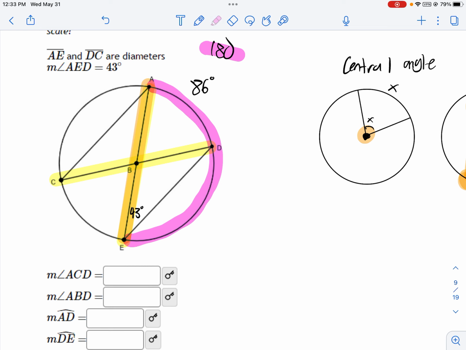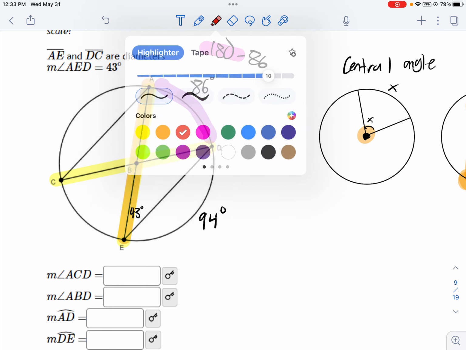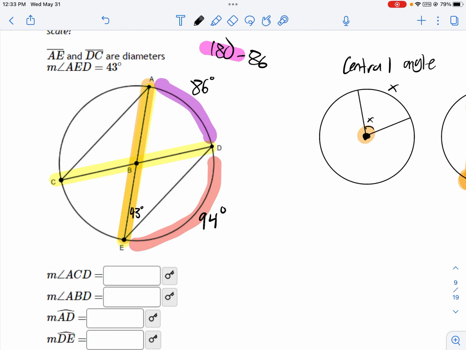If we know that just this section alone is 86, the remaining section has to be 180 minus 86, which means this is 94 degrees. So that's 86, and this is going to be 94.